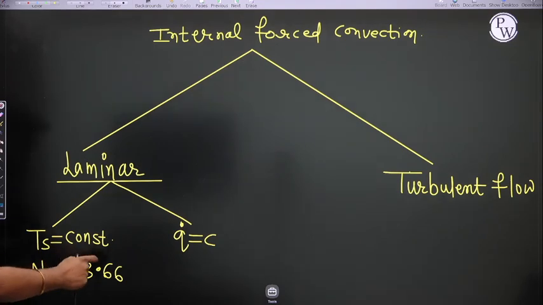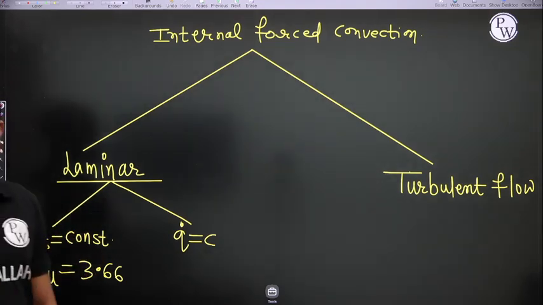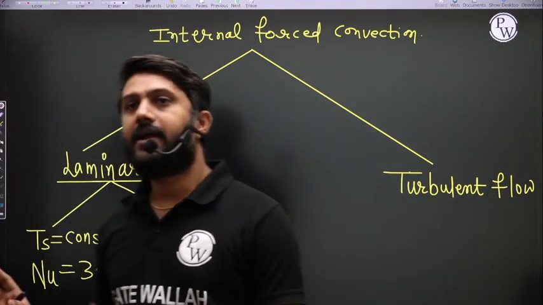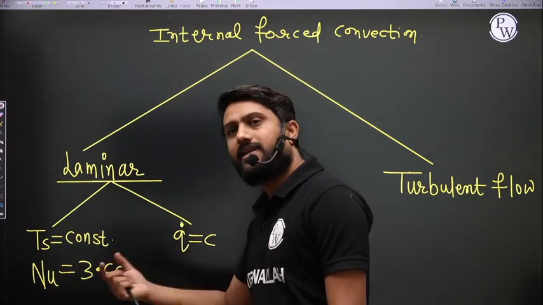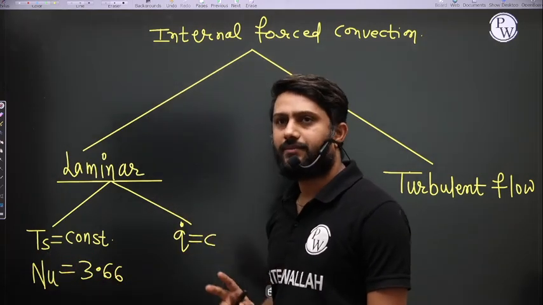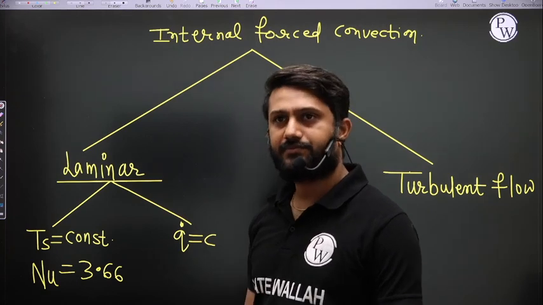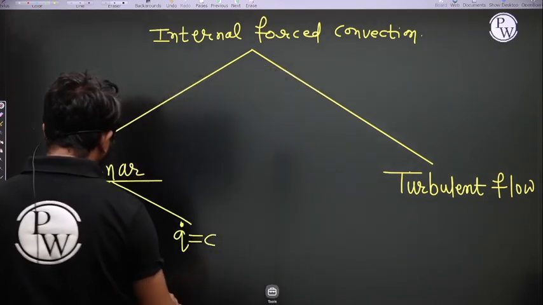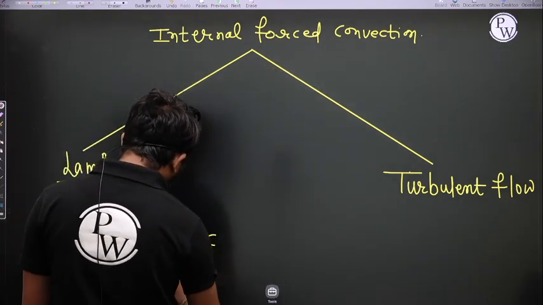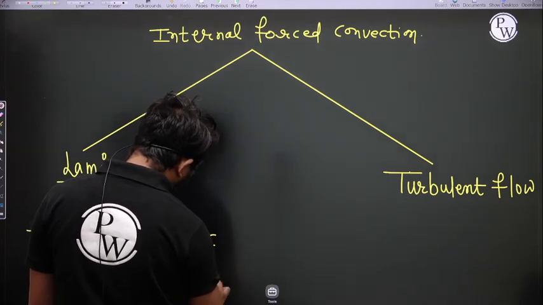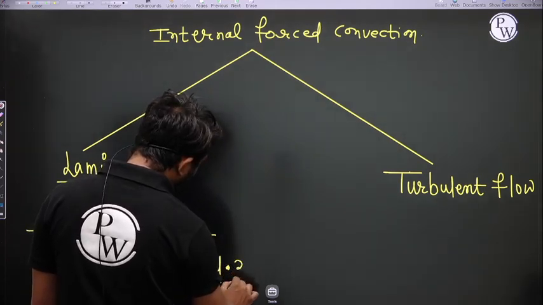I am talking about the thermally fully developed region. That's why the Nusselt number value is constant, and you do not observe an x term here. So the Nusselt number is 3.66, and in the case of constant heat flux, the Nusselt number is 4.364.